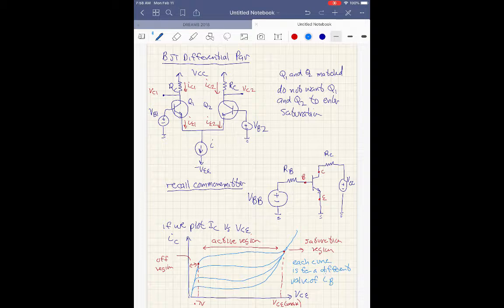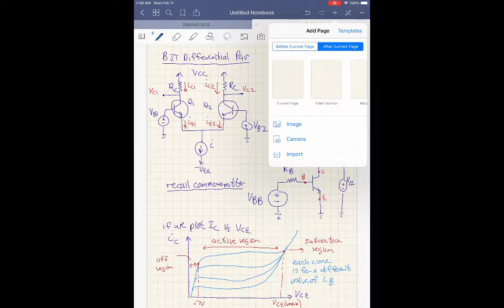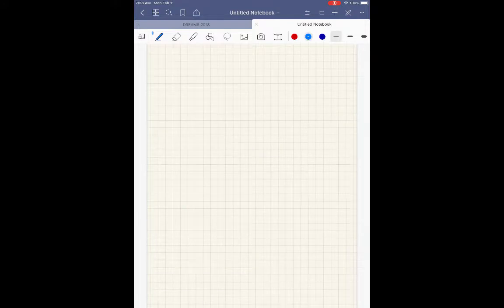So let's start a new slide here, if I can figure out how to do that with my new software. And we can look at the basic operation of a BJT differential pair.